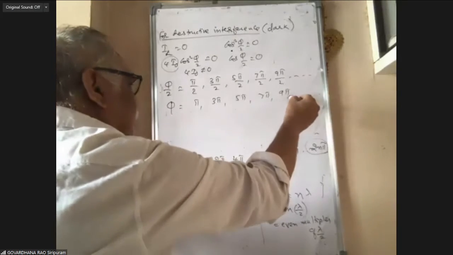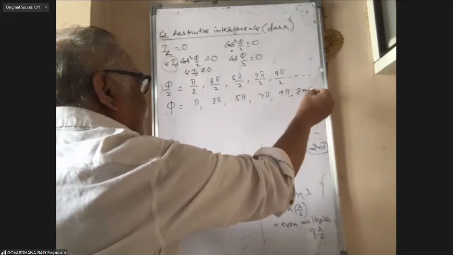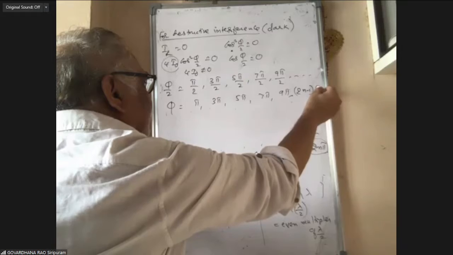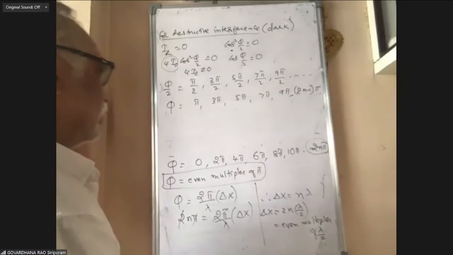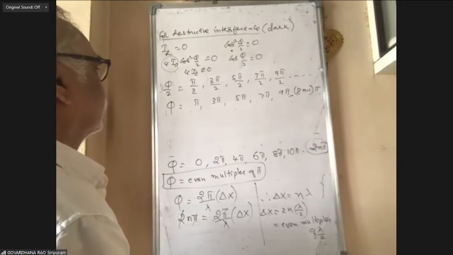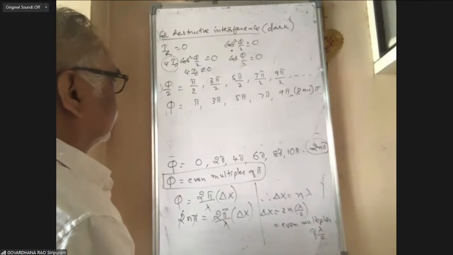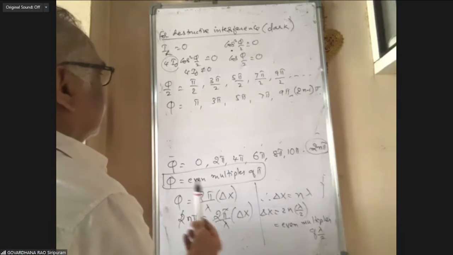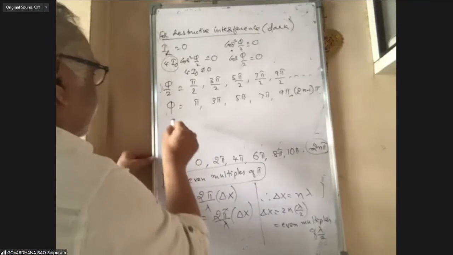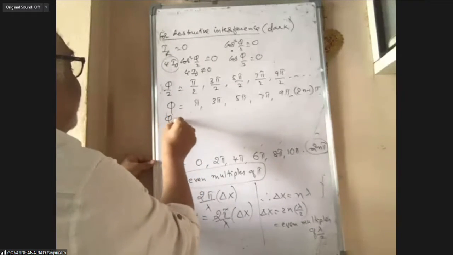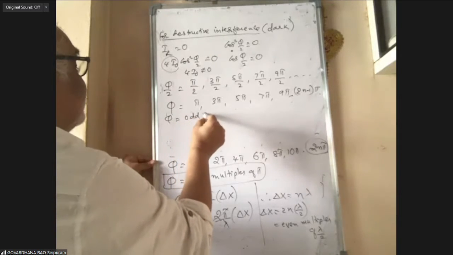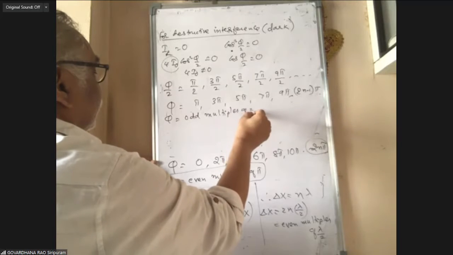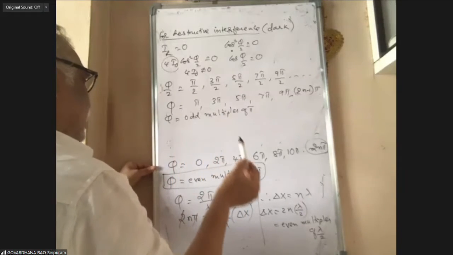This is odd multiples of pi. Correct? Yes, sir. So the phase difference is odd multiples of pi. And what is the path difference?